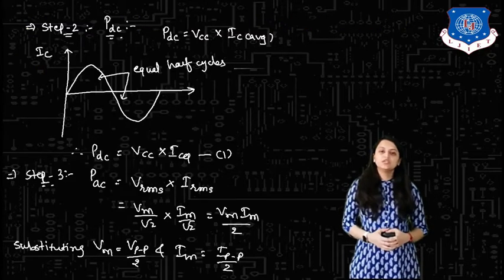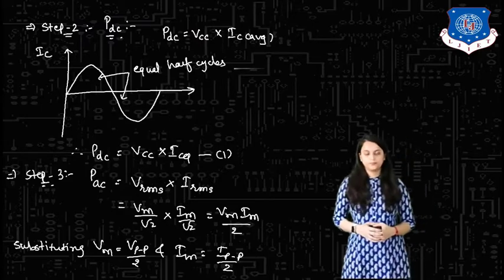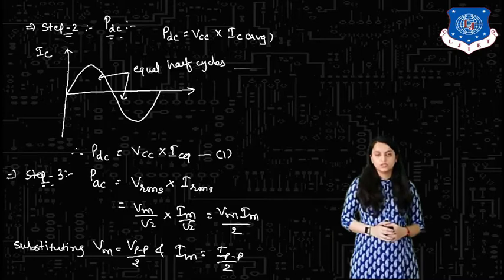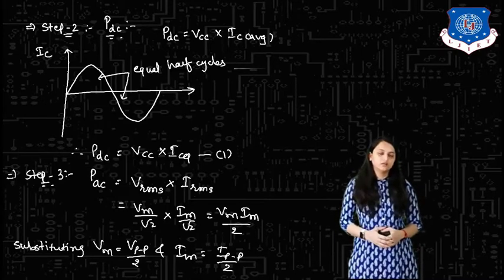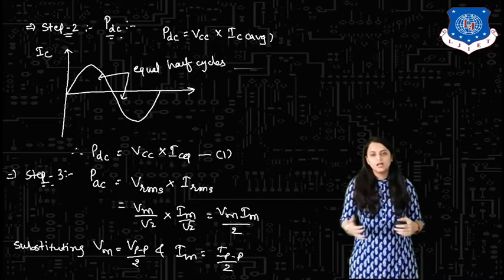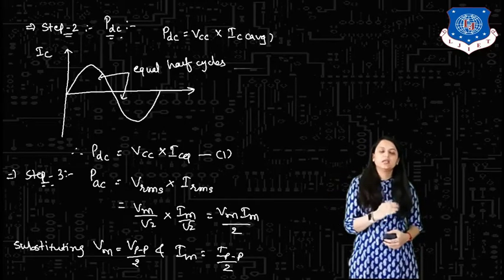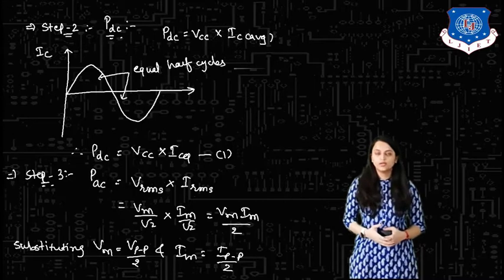Now step 2 is to obtain the DC power value. Here the DC power is VCC into IC average. As you can see in the collector current waveform, the half cycles are equal, whatever is in the positive part is equally in the negative part. So PDC equals VCC into ICQ, equation number 1.